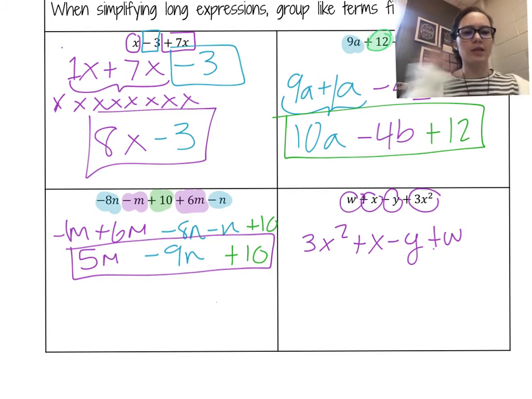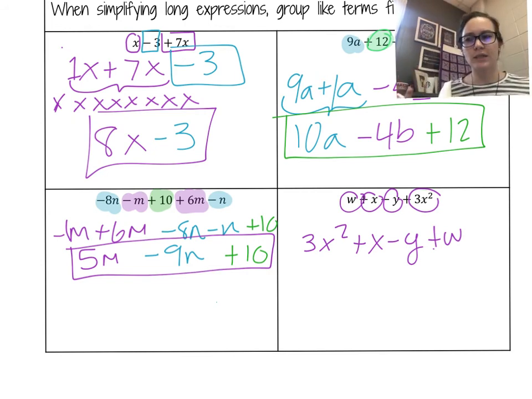So, to summarize, to simplify expressions and combine like terms, we add or subtract the coefficients, so the number that's multiplying the variable. So like here I had negative 8n minus n. I did negative 8 plus negative 1 was negative 9n.